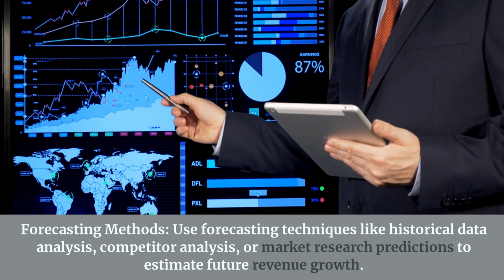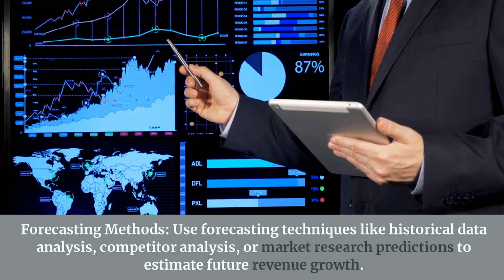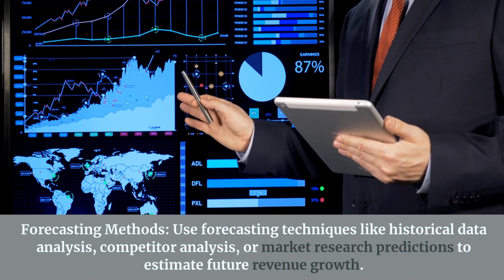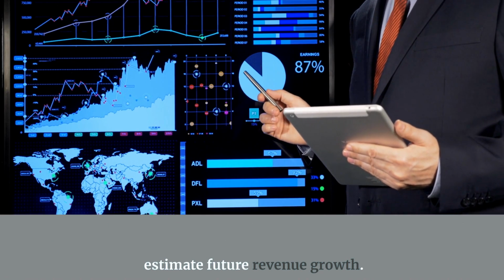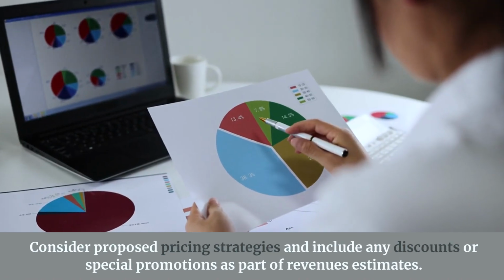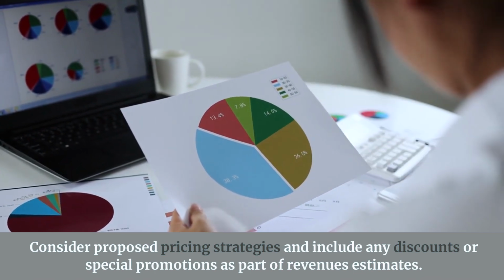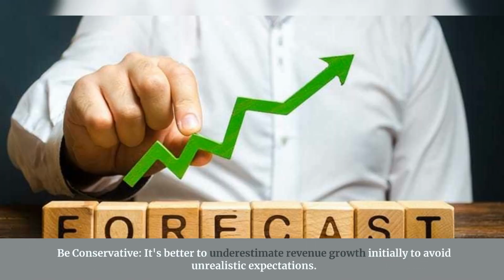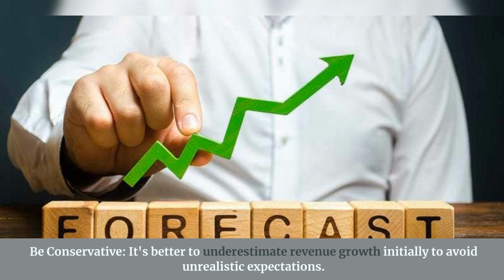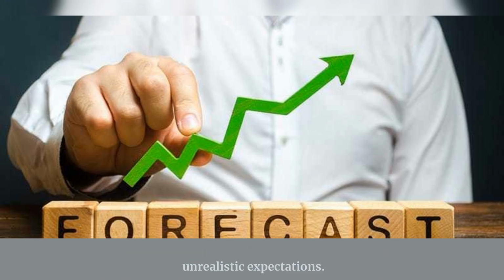Forecasting methods. Use forecasting techniques like historical data analysis, competitor analysis, or market research predictions to estimate future revenue growth. Consider proposed pricing strategies and include any discounts or special promotions as part of revenues estimates. Be conservative. It's better to underestimate revenue growth initially to avoid unrealistic expectations.